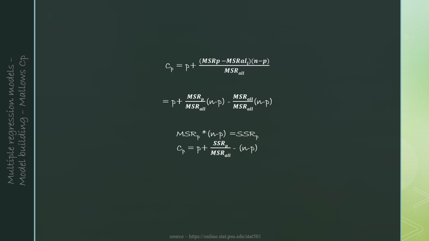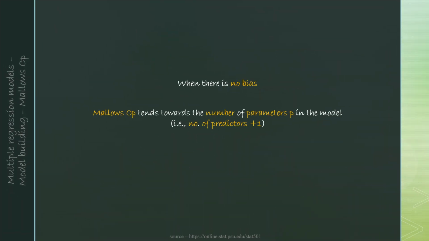Since MSRp multiplied by n minus p equals SSRp, which is the residual sum of squares when p minus 1 number of predictors are included in the model, Cp equals p plus SSRp divided by MSR all minus (n minus p), which further can be rearranged as Cp equals SSRp divided by MSR all minus (n minus 2p). When there is no bias, Mallows Cp tends towards the number of parameters p in the model, which is the number of predictors plus 1. In other words, Cp equals p.